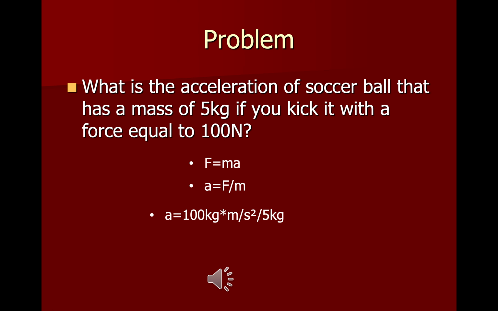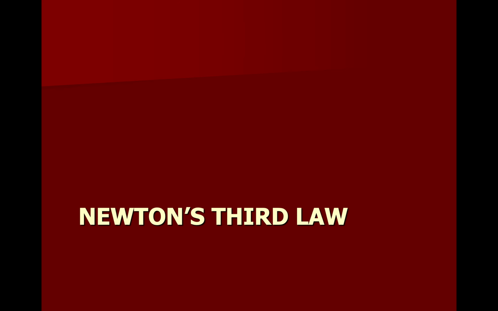After that, it is simply plugging in numbers. 100 kilograms times meters per second squared divided by 5 kilograms, which is the mass, gives us, when you plug this in the calculator, 20 meters per second square. Okay. Good. So hopefully that explained it. I think it's a pretty straightforward equation and concept.